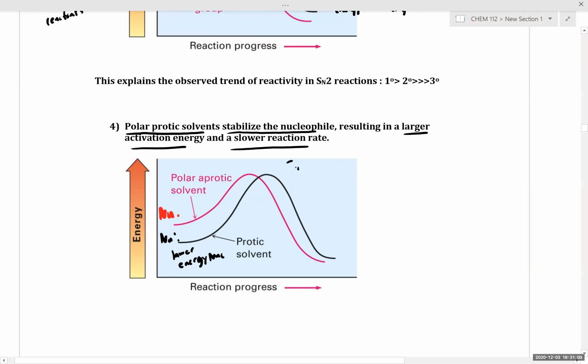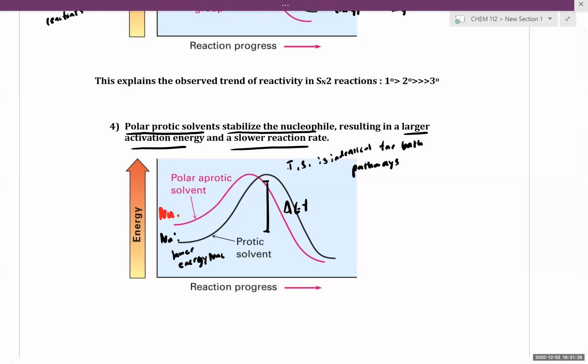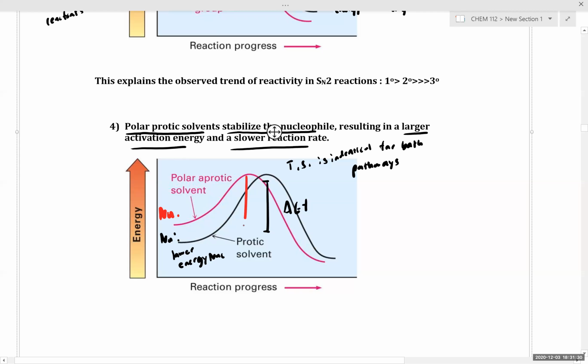The transition state is identical for both pathways. As a result, when we change our solvent, the transition state energy does not change substantially between these two pathways.